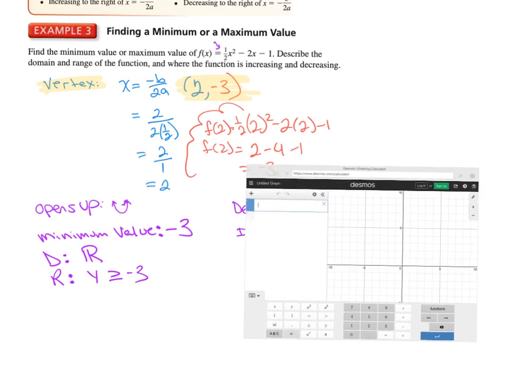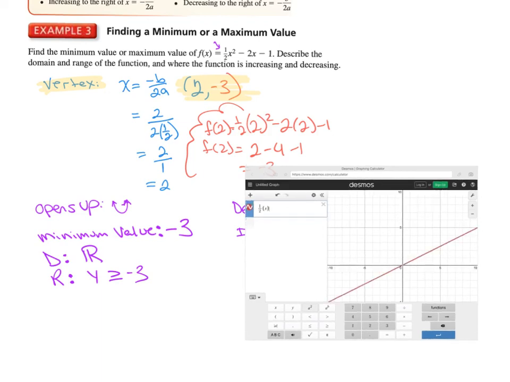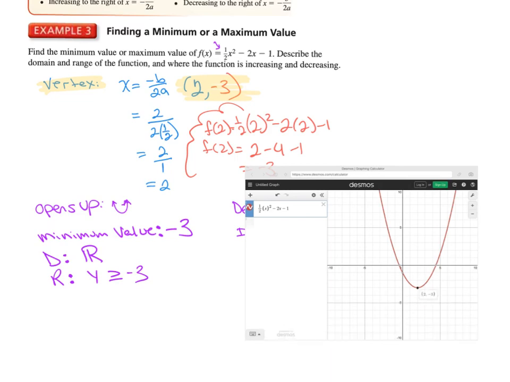All right, so let's graph 1/2 x squared minus 2x minus 1. Okay, it opens up. And if you look here, you can tap on your point, you get the vertex of (2, -3).